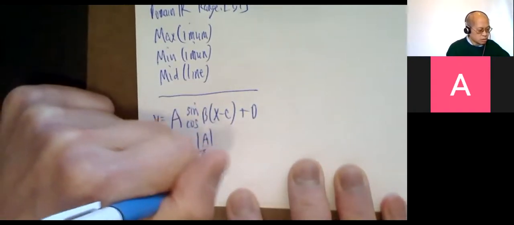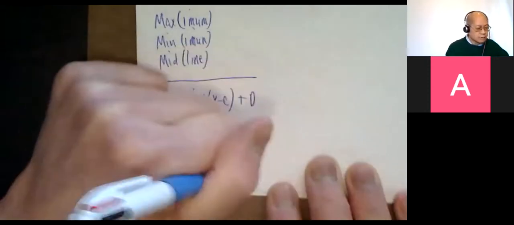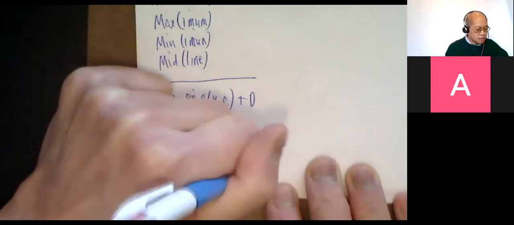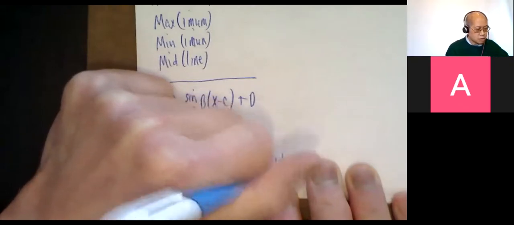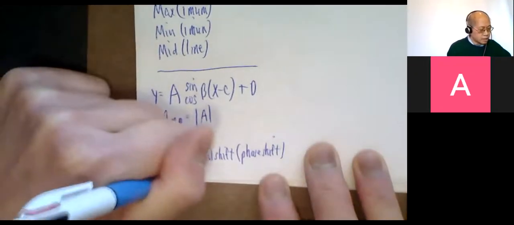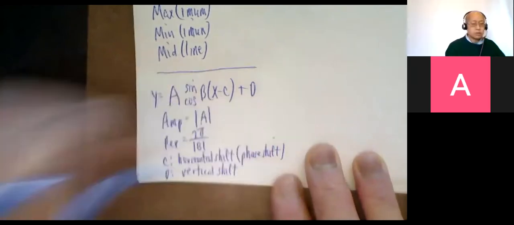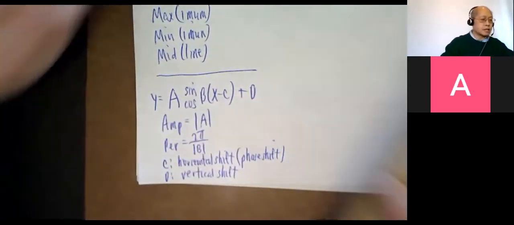Horizontal shift. Sometimes it's called a phase shift. And D is going to be a vertical shift. And we've seen that before, right? So now we're going to incorporate all of these things to our graphs.